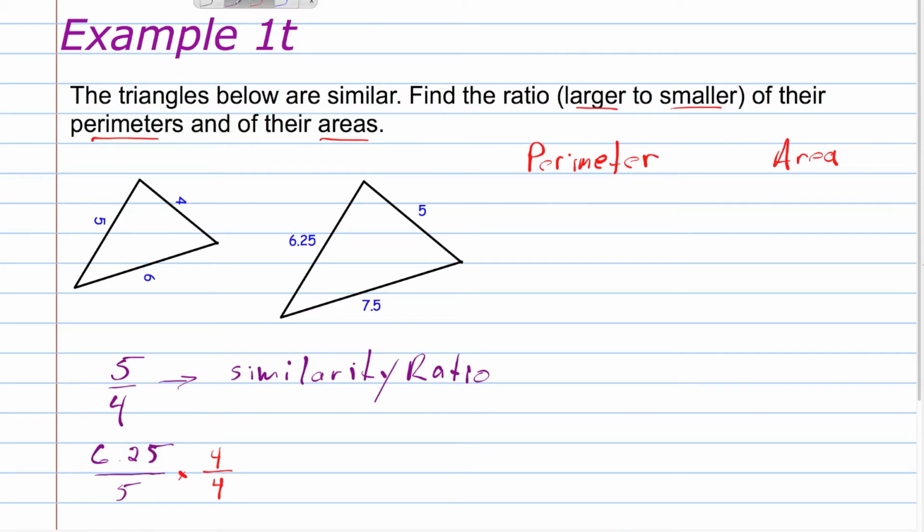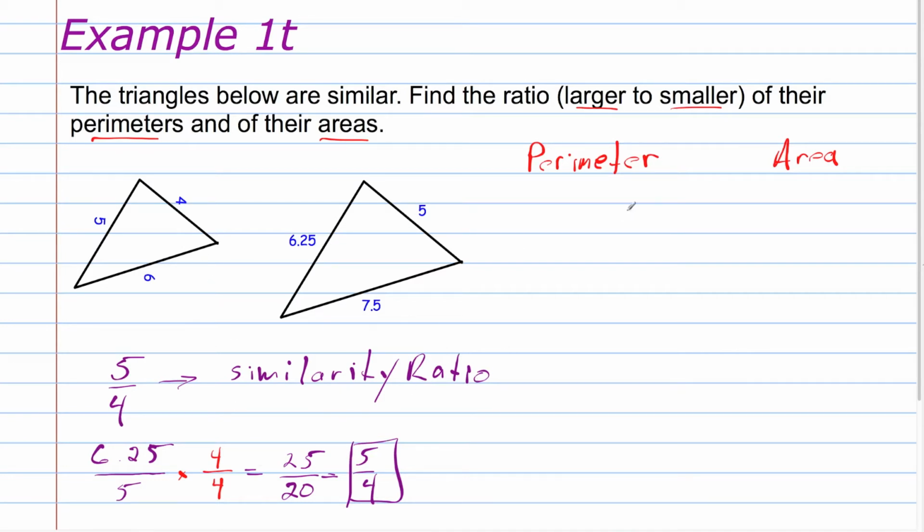And I do that by multiplying by 4. 6.25 times 4 does give me 25. And 5 times 4 is 20. And what you should notice is that 25 over 20 does reduce to 5 over 4. So you could have chosen another pair of sides besides 5 and 4, if you would have had some extra work to do to find the similarity ratio.